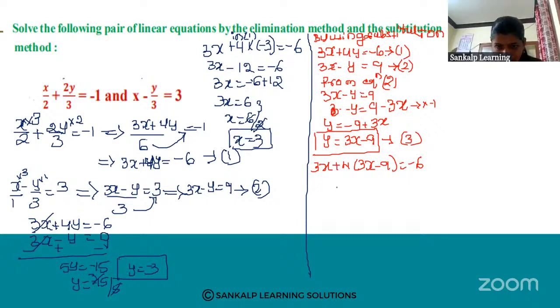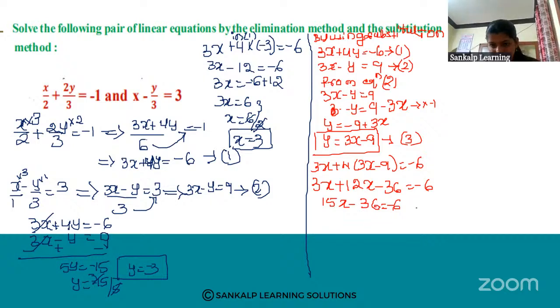Now, 3x plus 4 into 3 is 12x, plus into minus, 4 nines are 36, is equal to minus 6, you will get. Now, 12x plus 3x is 15x. 15x minus 36 is equal to minus 6.